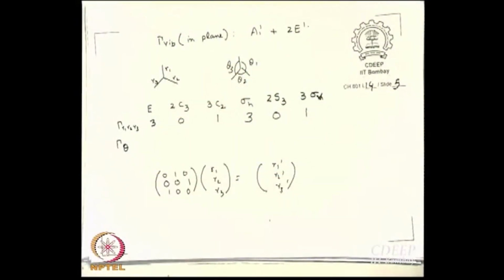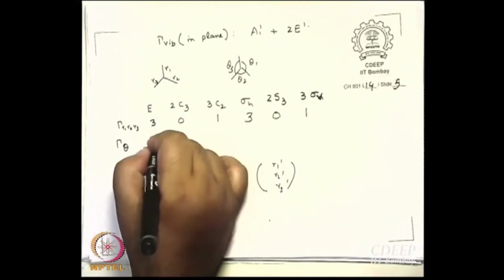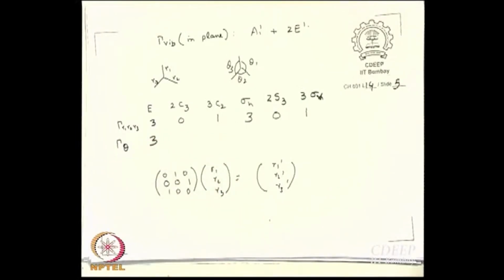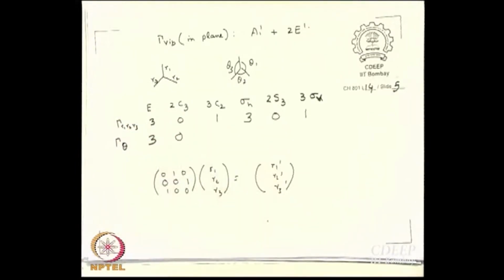Now with the thetas, if we do the same operation, what will be the character of E? That even I know. It is going to be 3, theta 1, theta 2, theta 3, once again a 3-dimensional representation. What about C3? When you apply C3, 0, do we agree? Theta 1 goes to theta 2, theta 2 goes to theta 3, theta 3 goes to theta 1, so 0.